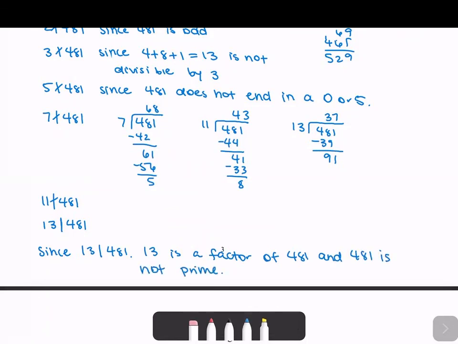Okay, so this one resulted in actually finding a composite number, 481. Okay, so that's the last example we're going to do of trying to determine if a number is prime or composite. But I hope that through these examples, you'll be able to do everything that's on the homework.